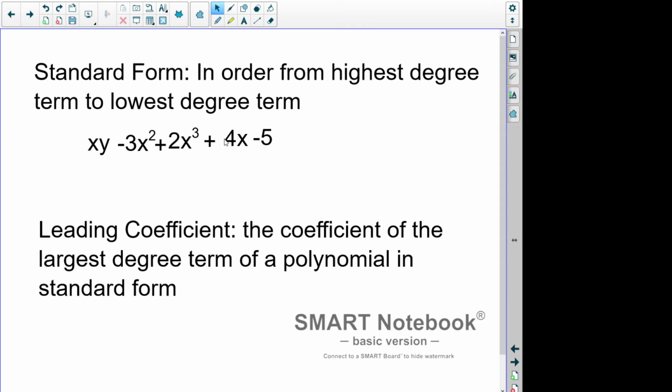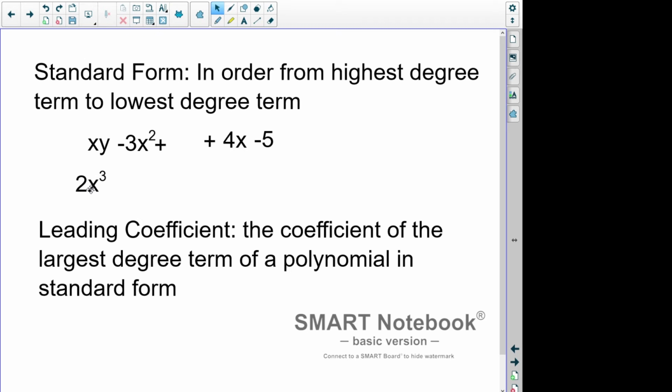Okay, so there's nothing wrong with that polynomial, but it's just not organized very well. So when we write out a polynomial as an answer, or we're working with it, we generally want to try to organize that in a cohesive way.